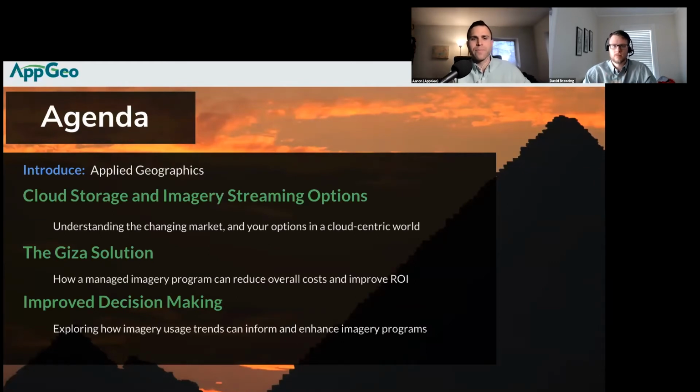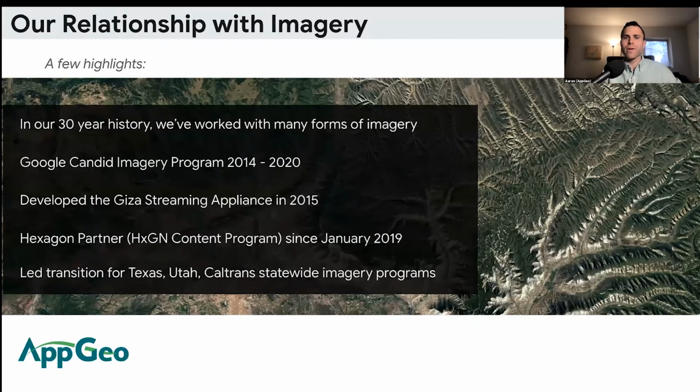I wanted to introduce AppGeo and give you a sense of who we are and where we come into the picture. So, we've been around the block a few times, and in those 30 years, AppGeoers have worked on pretty much every type of aerial product you can think of, from imagery to drones to LiDAR. There's a lot in our history.